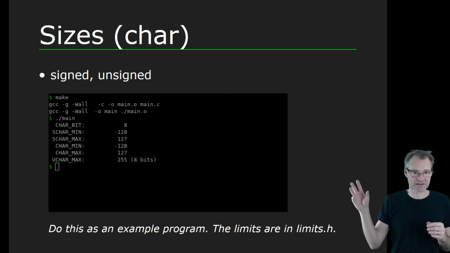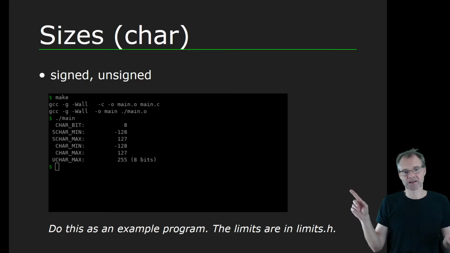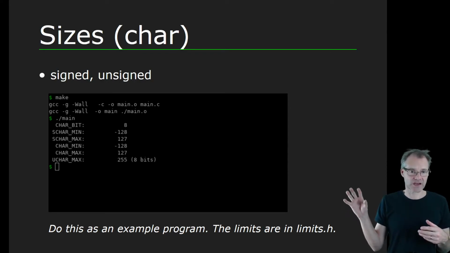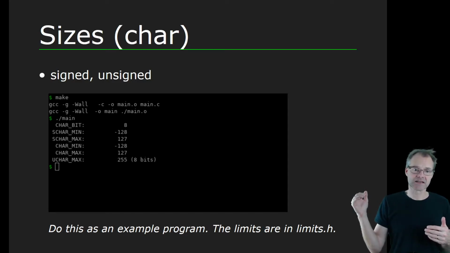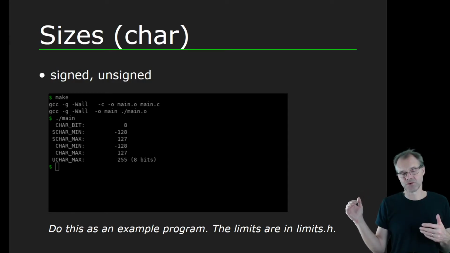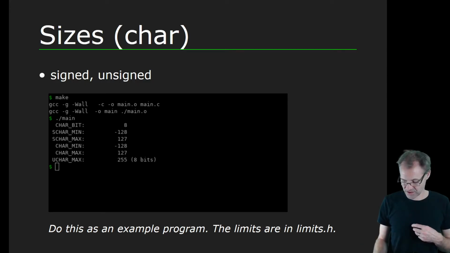What we see here is that the char has 8 bits. We see a signed char at top, which starts at -128, and a signed char max goes up to 127. Then we have a char, and it has the same limits. And at the bottom we see an unsigned char that can go up to 255, and that starts at 0. So we see here it's an 8-bit character data type.